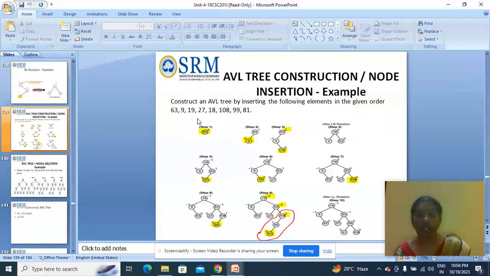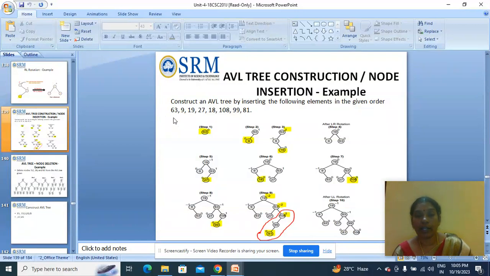We have to check that all the subtrees satisfy the binary search tree property, not only the root node. For every root, lesser is the left child and greater is the right child. This is the binary search tree concept. An AVL tree is a self-balanced binary search tree, so while constructing it we have to follow this property strictly.